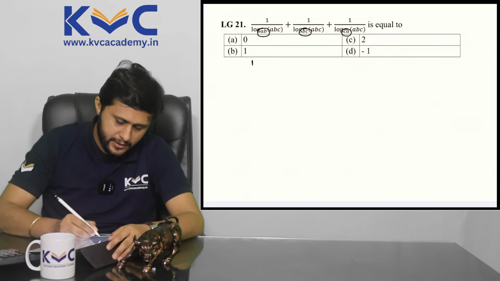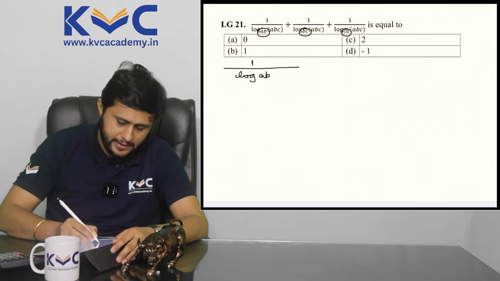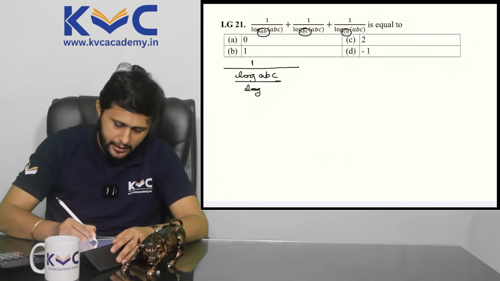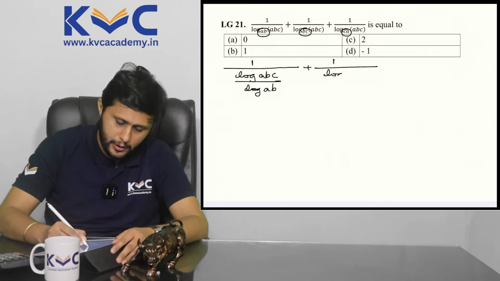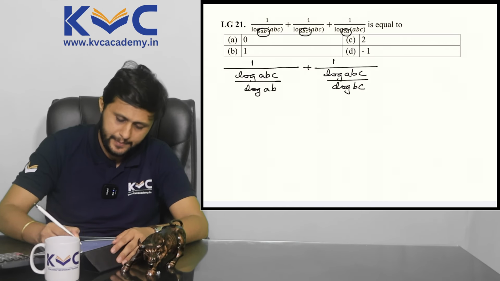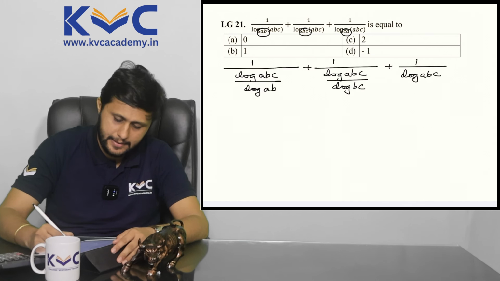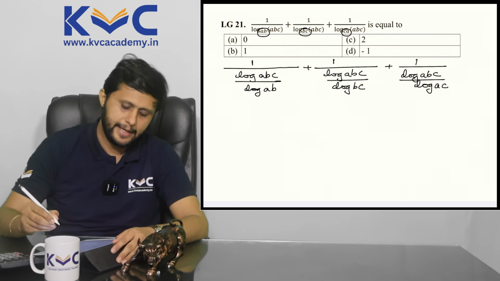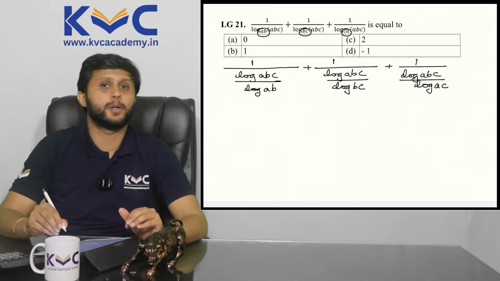Okay, I'll rewrite using change of base rule. 1 divided by log ABC divided by log AB plus 1 divided by log ABC by log BC plus 1 divided by log ABC by log AC.